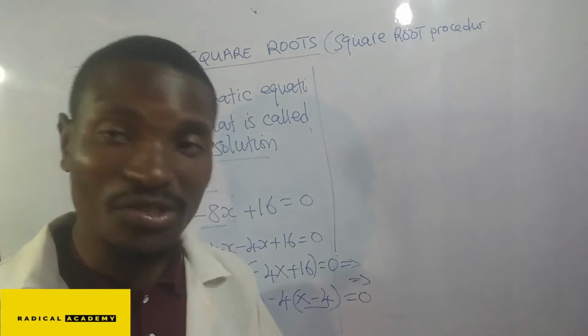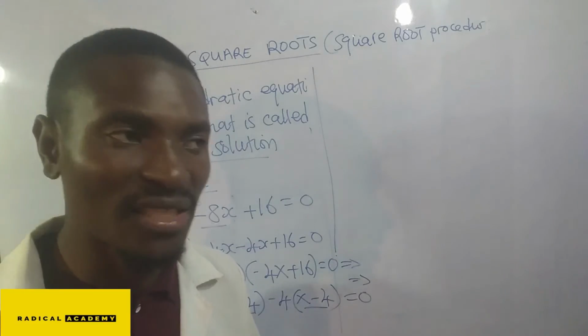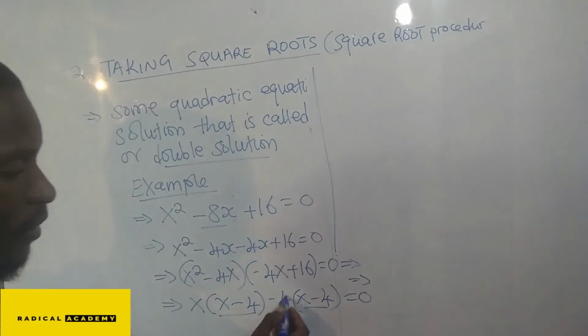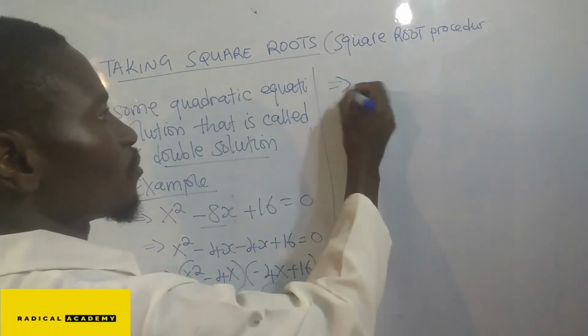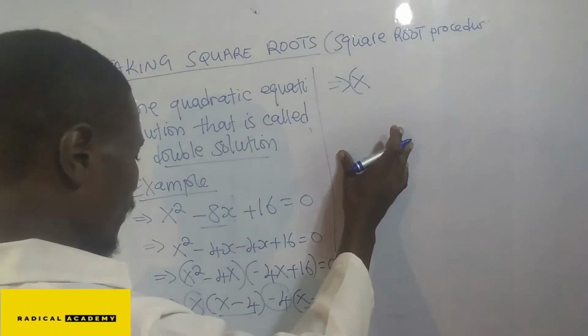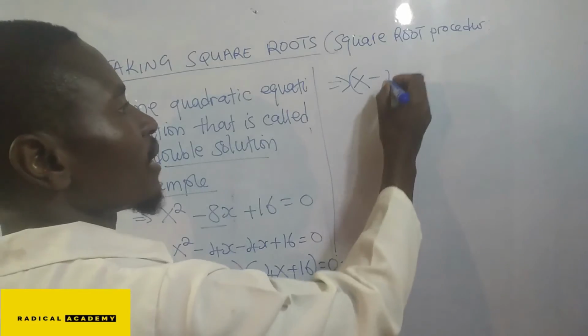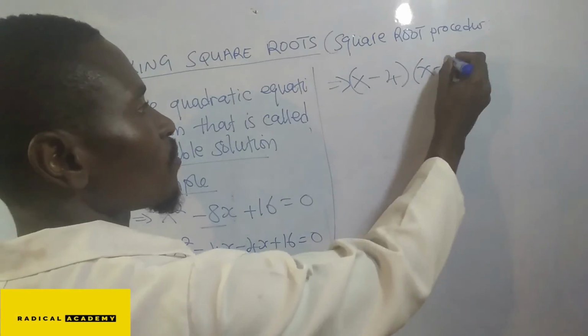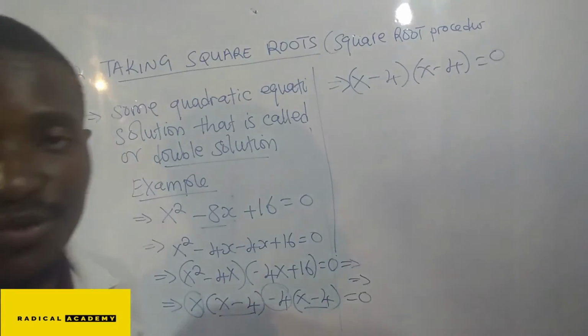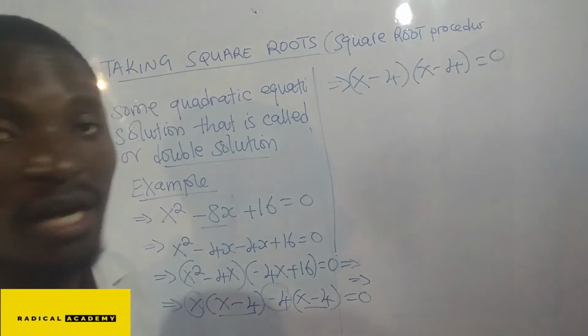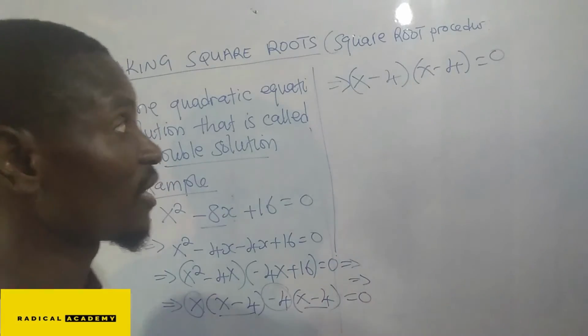You just pick one, and then you group this and that, and put it together. So this is going to be x, open the bracket, x minus 4, and then you've got to equate it to 0 so that you can find the value of x.